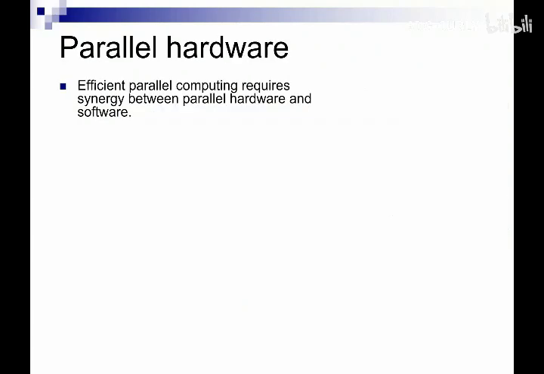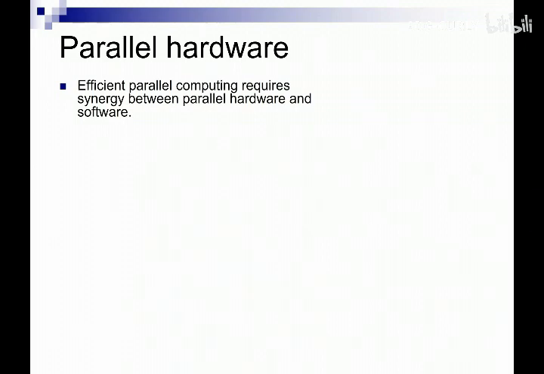Okay, so next, I want to give an overview of the types of parallel hardware that we deal with. Okay, so as I mentioned, in parallel computing, the hardware and the software need to somehow match each other. Okay, this is less of a consideration in sequential computing, right? When you write a sequential program, you don't think that much about how your processor is designed.